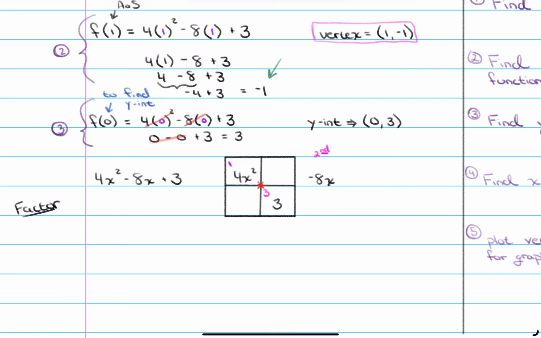So I have a 12x squared. Now we have to come up with two numbers that when you add them together, they give you the 8x, and when you multiply them together, you're going to get the 12x squared.